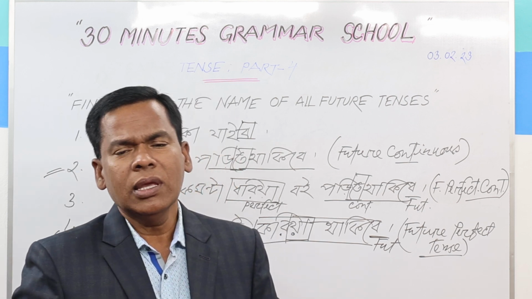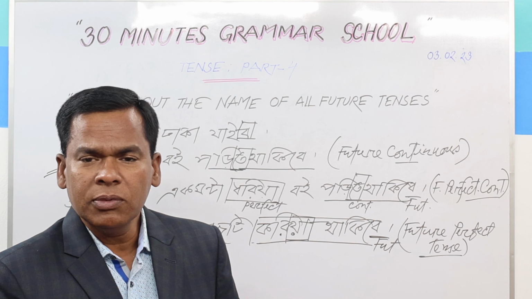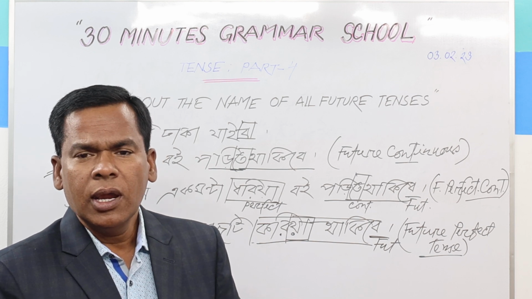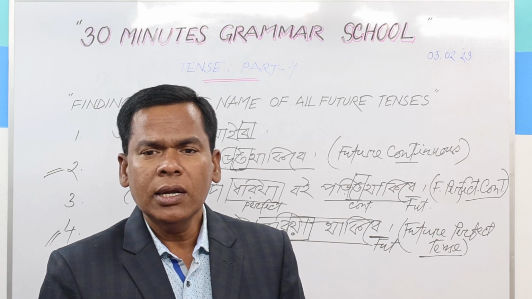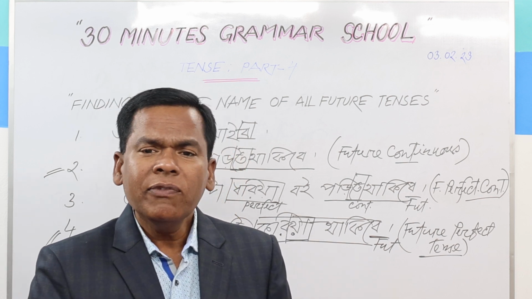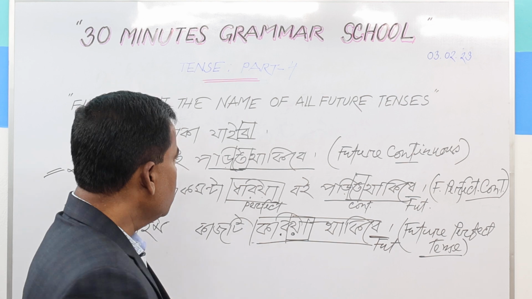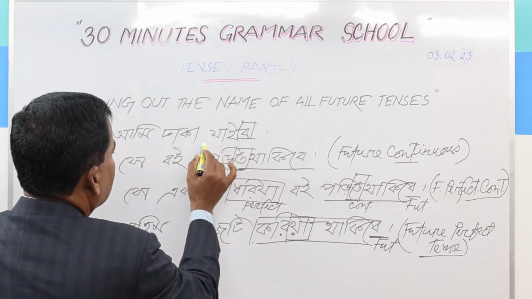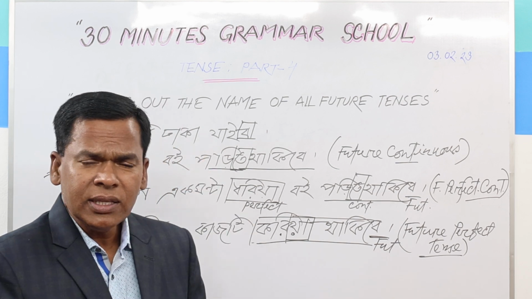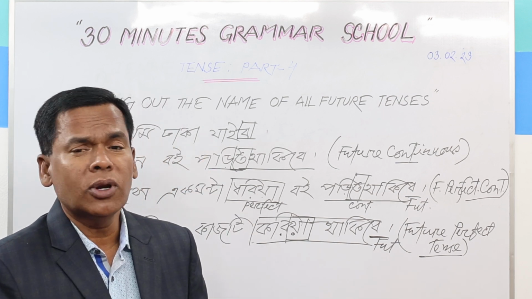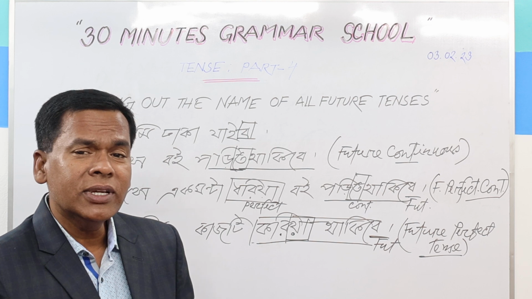Now we are asked to find out the branch of the tense. We know there are 4 tenses: indefinite, continuous, perfect, and perfect continuous, boys. So look here, continuous tense. If I ask you, is this sentence continuous? You can say, sir, no, it is not continuous. Why is it not continuous?